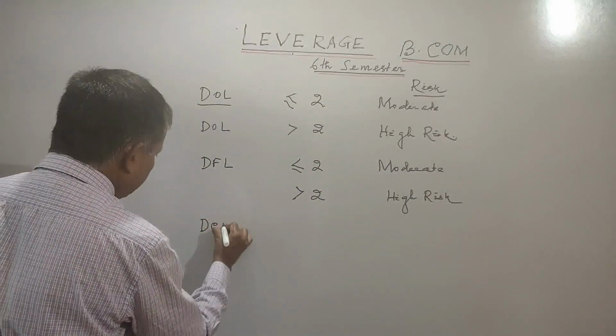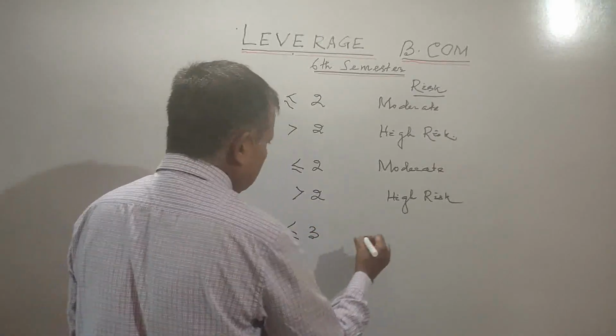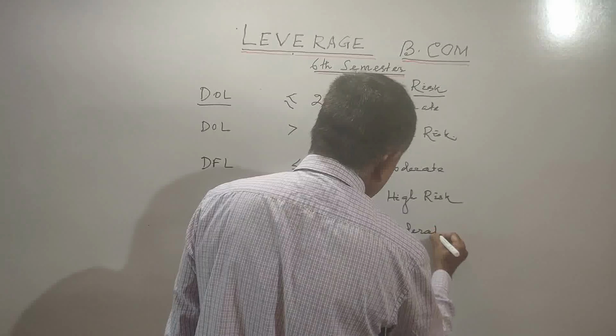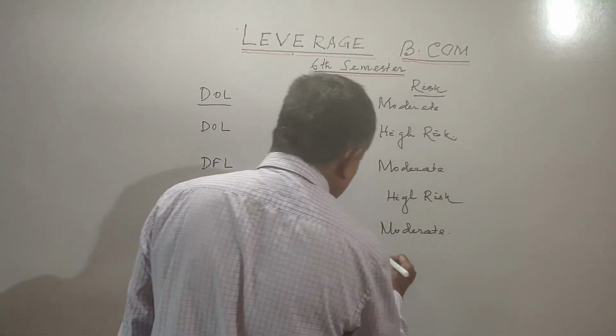DCL less than or equal to 3, moderate; greater than 3, high risk.